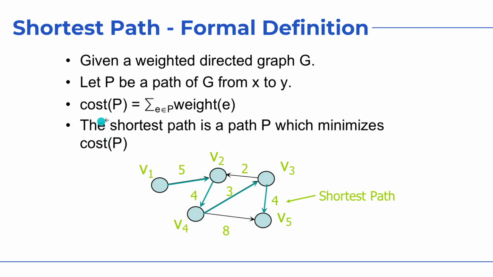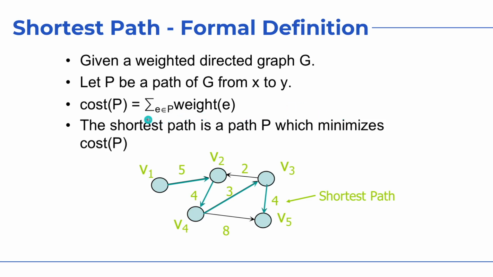And our aim is to find the cost for that path, and that path cost should be the least of all. For finding the cost of that path, we may have to sum up the weights associated with every edge. Say for instance, if I have a path A, B, C, D, which includes 4 vertices, then the path from A to B will have the weight of the edge between A and B, and the path A, B, C would have the weight of the edge between A and B summed up with the weight of the edge between B and C. So, that is what is given by this equation.